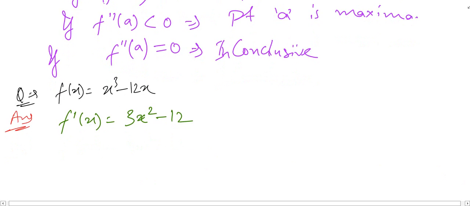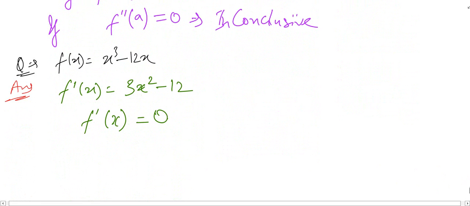Next thing is to find the critical points. And how to find those critical points? We need f dash x to be 0. So we equate it with 0, and we get 3x square minus 12 is equal to 0, right?